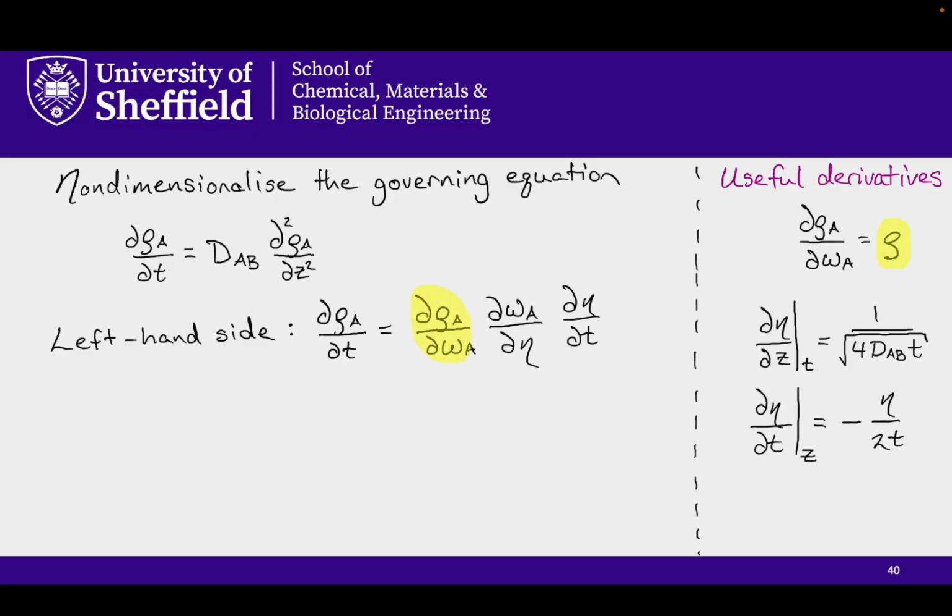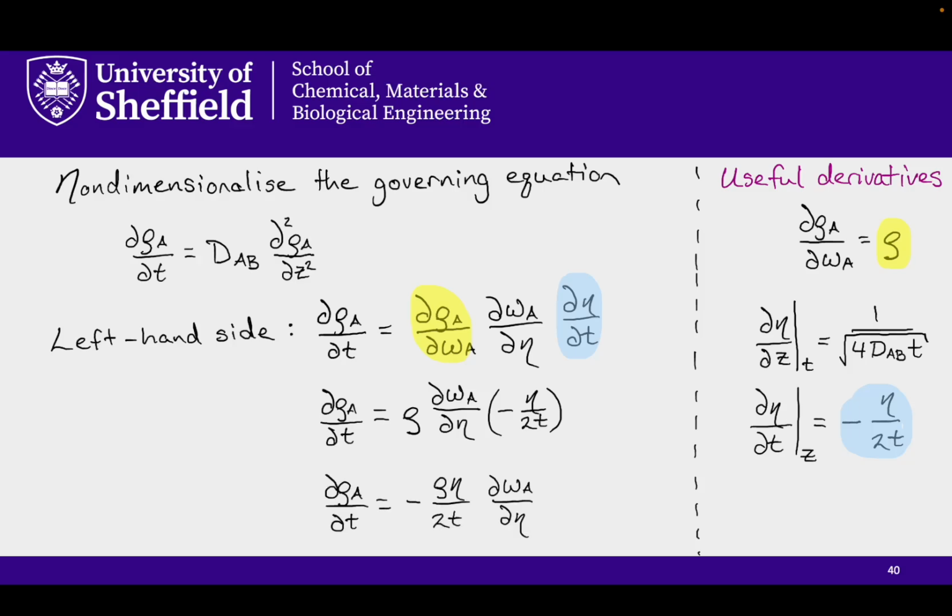So we have already our expression for d rho a, d omega a, and similarly we have our expression for d eta dt. So we can substitute those into the left-hand side, and we can do a little bit of algebra here, simplify it, and there's the left-hand side of our equation.